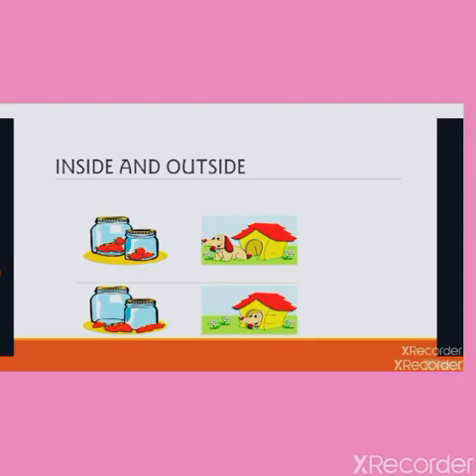You already saw that in the video. In the first picture, all the cherries are inside the bottle, and in the second picture below that, all the cherries are outside the bottle, and here the dog is outside the kennel, and in the second picture the dog is inside the kennel.